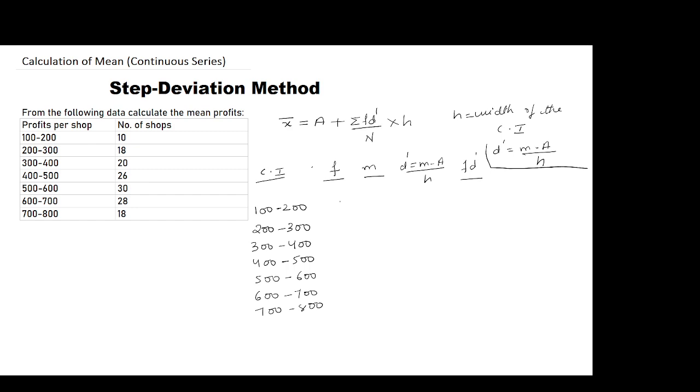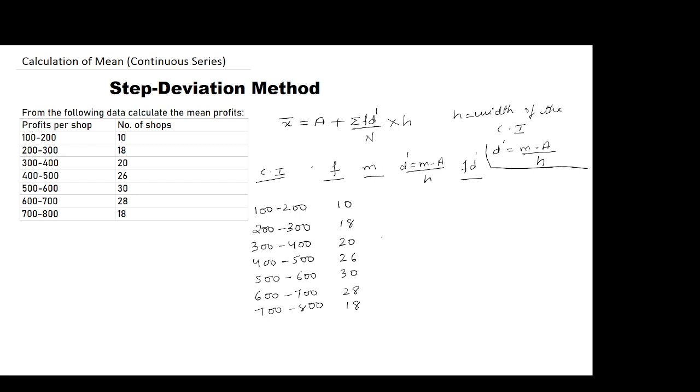And the frequency values are 10, 18, 20, 26, 30, 28 and 18. So these are the given values from the question, class interval as well as frequency.